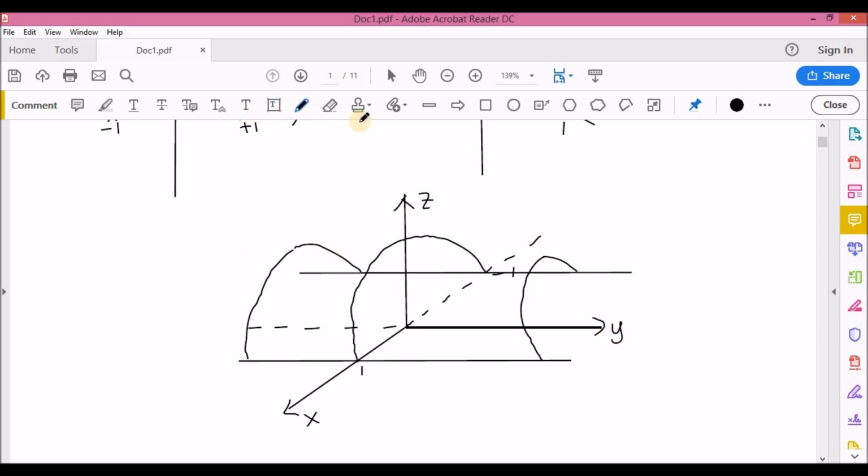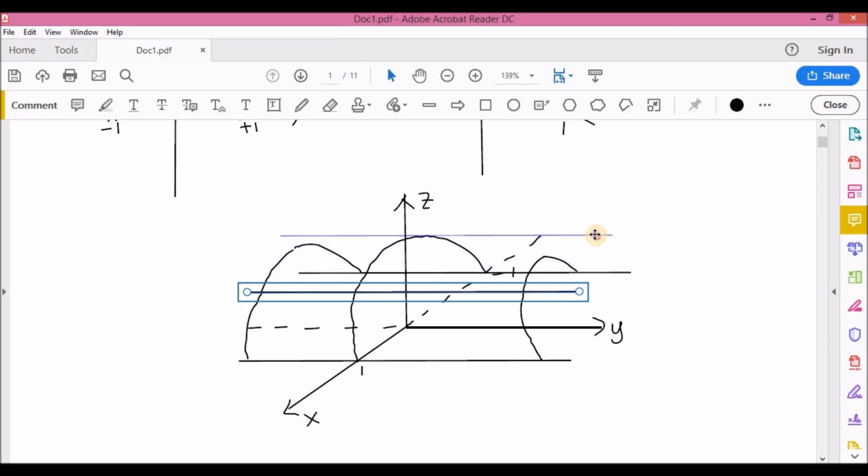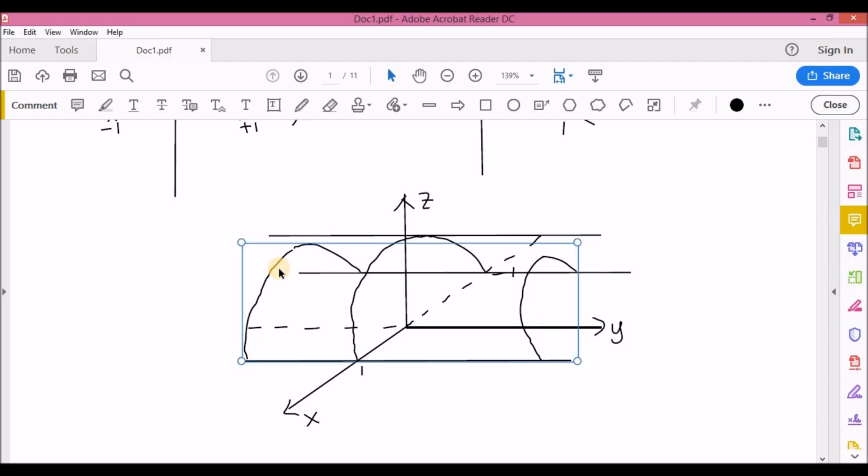When you link them together, maybe it will form something like this. I think I will redraw it. I'm going to redraw this thing.